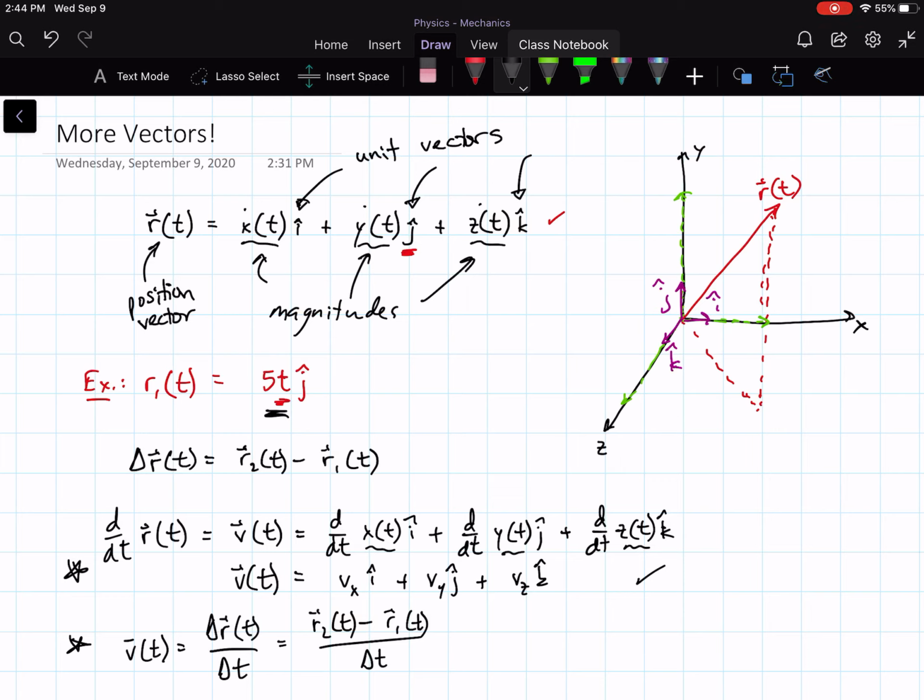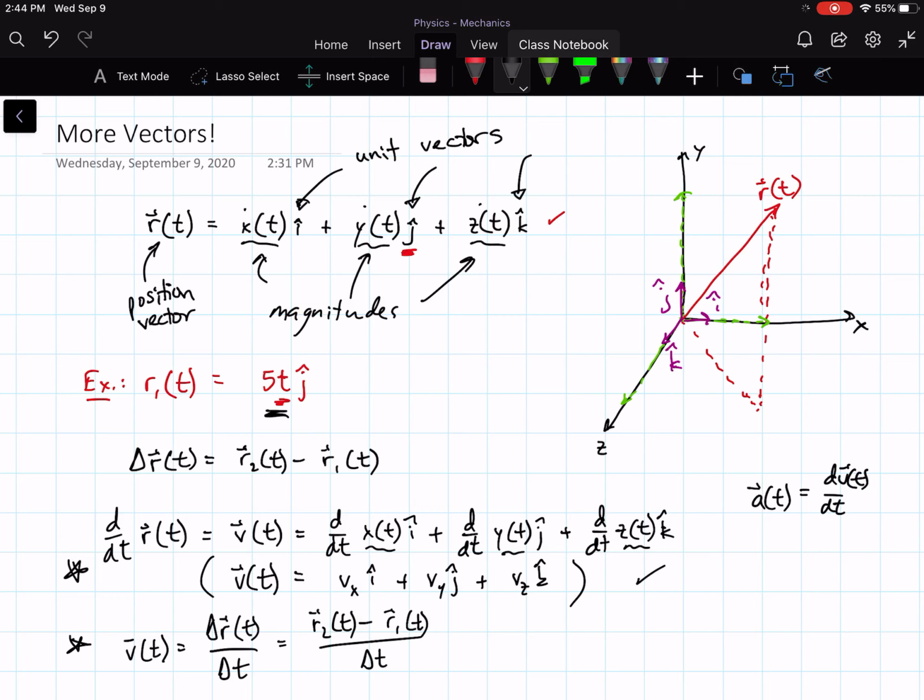If you wanted to figure out what the acceleration was, for instance, then you would take the time derivative of each of these pieces of our velocity, because the instantaneous acceleration as a function of time is equal to dv/dt. You can write it that way.